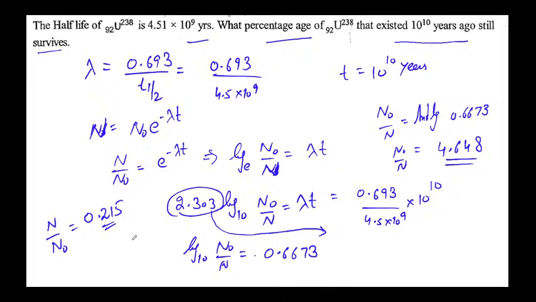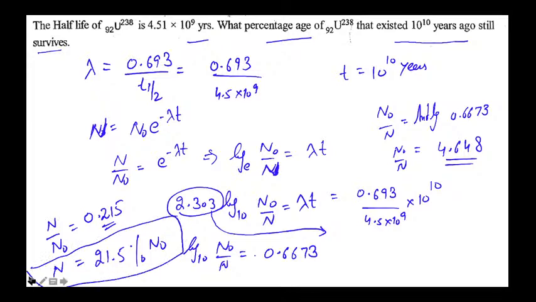So the percentage of uranium that is present is around 21.5% times N naught. So the uranium that survives at present is 21.5%.